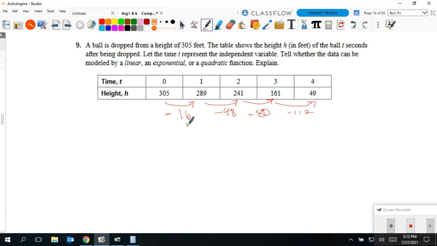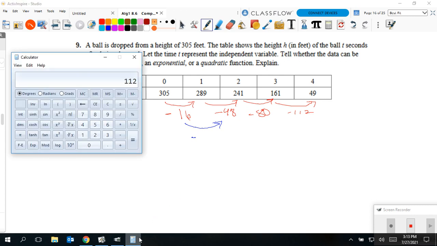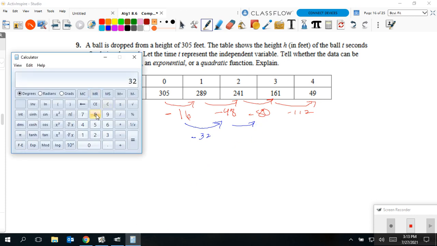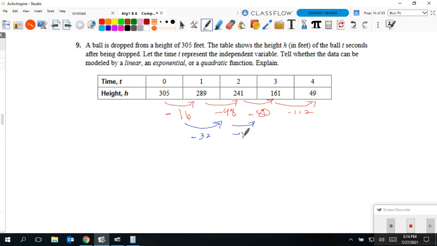So from negative 16 to negative 48, we're still going down here. How much are we going down? We take a difference here, 48 minus 16, that is 32. So we're going in a negative 32 direction. From 80 minus 48, it's also 32, going in the negative direction.